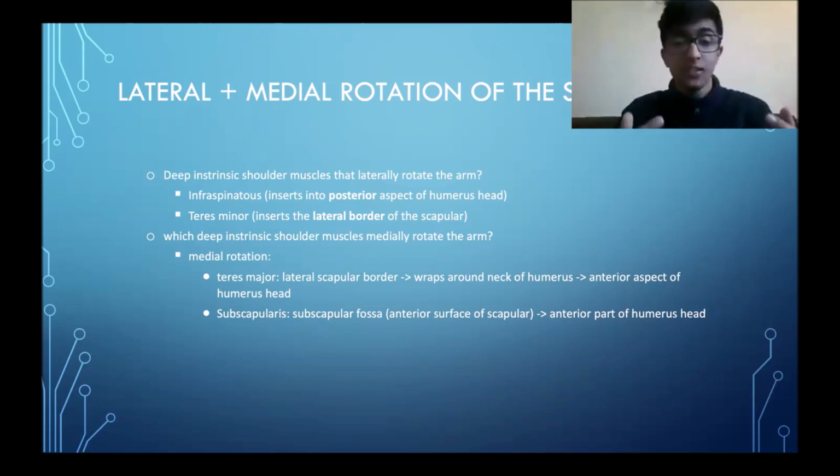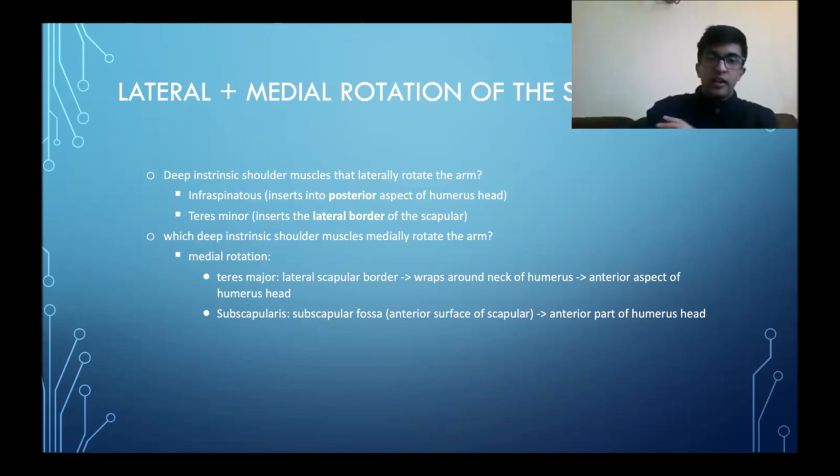Anteriorly, you have the teres major, which wraps around the neck of the humerus. Then subscapularis in the subscapular fossa, which is the anterior surface of the scapula, attaching to the anterior part of the humerus head. That makes sense: if it's on the anterior part of the humerus head, it's going to cause medial rotation when it contracts. Does that make sense? Perfect. Next slide, please.